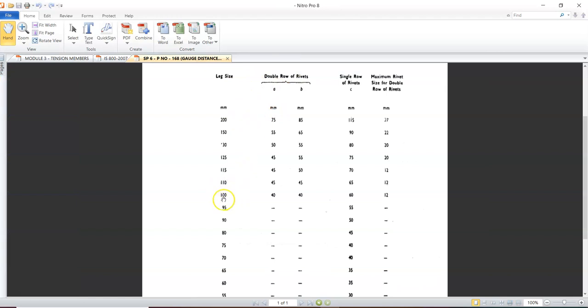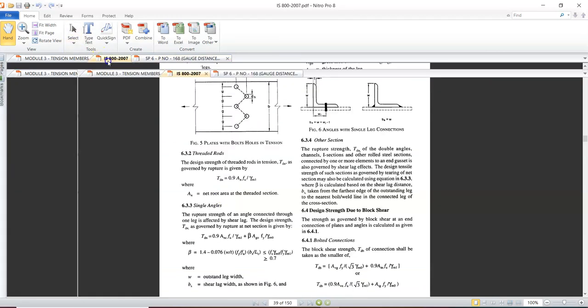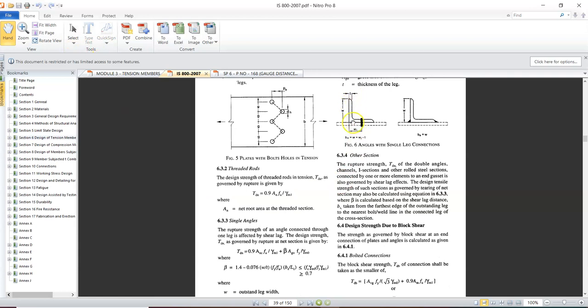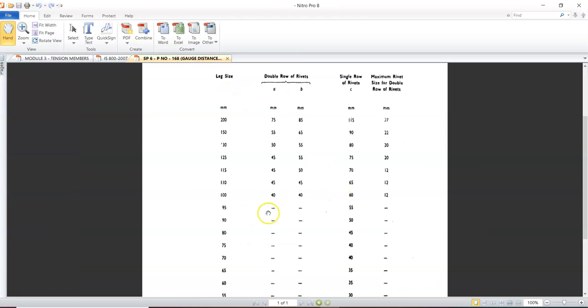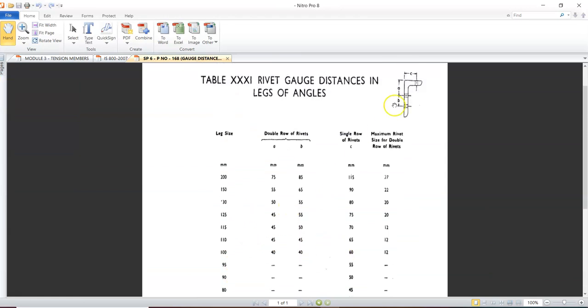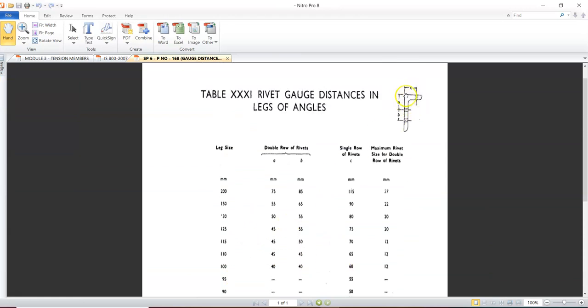Now for 100 mm leg, in our case, we have 100 mm as the connected leg and 75 mm as the outstanding leg. For 100 mm, this distance has to be referred from SP6, page number 168. When you refer to this figure, this is when you are providing one bolt, and these distances are when you are providing two bolts.